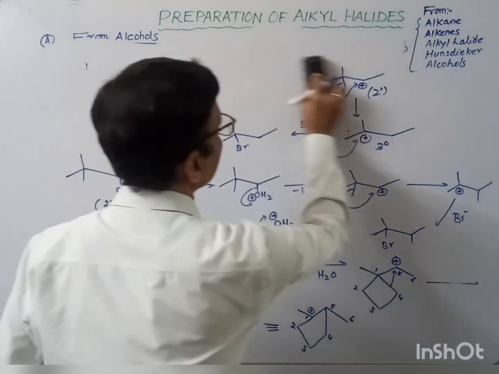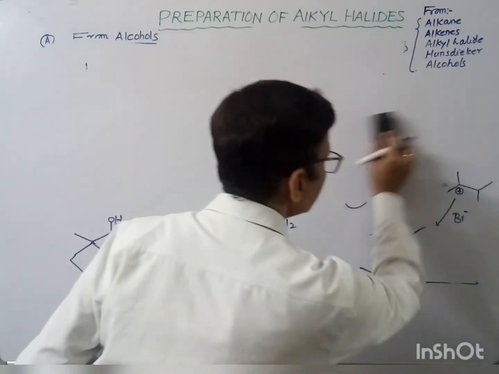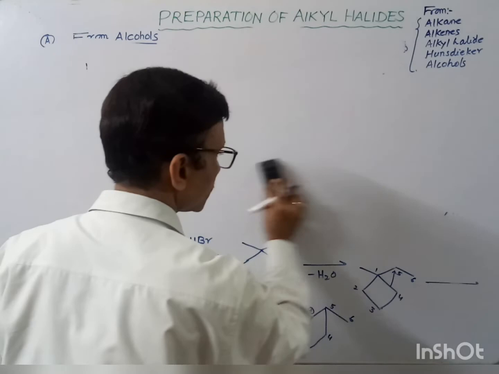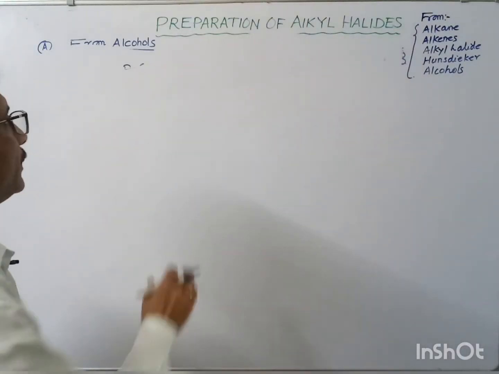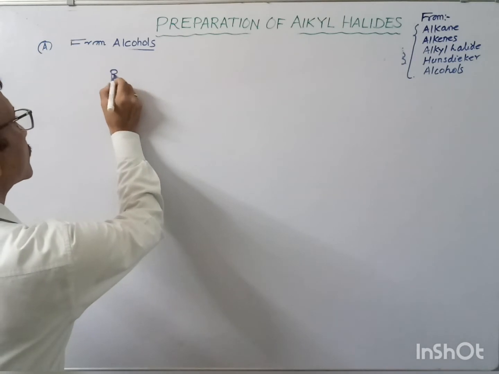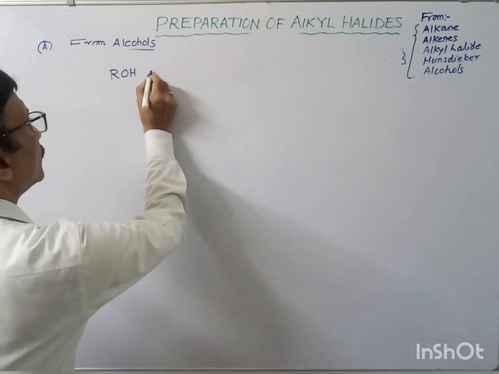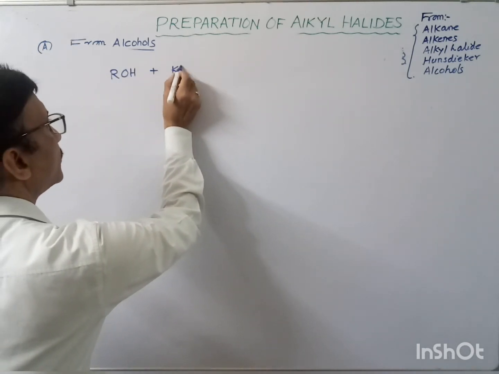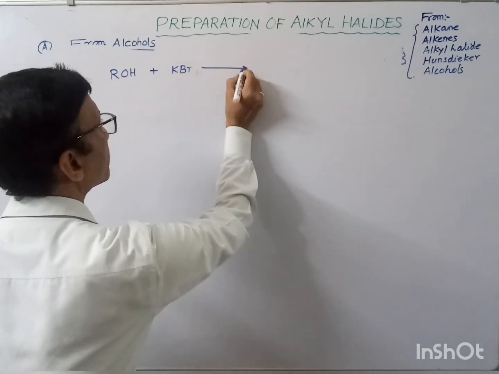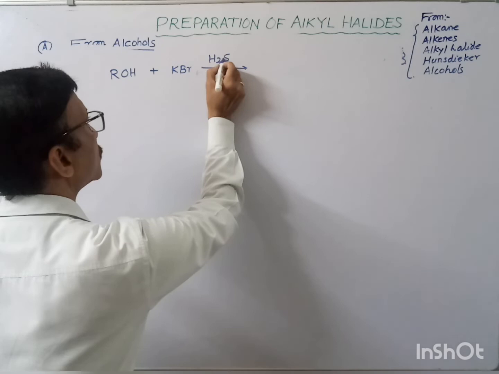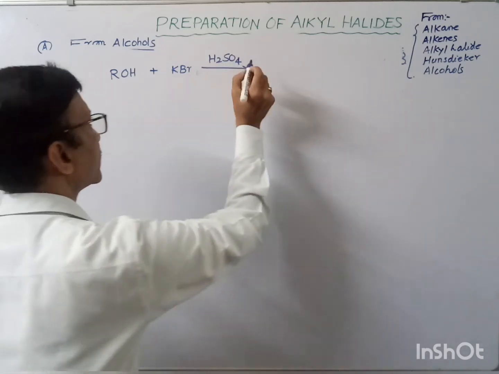Now, suppose in place of HBr, alcohol may also react with KBr and H2SO4 to give alkyl halide.